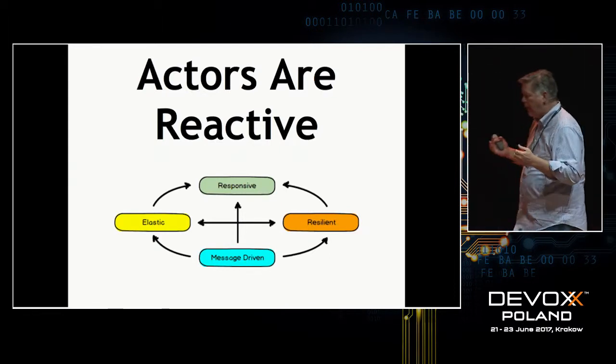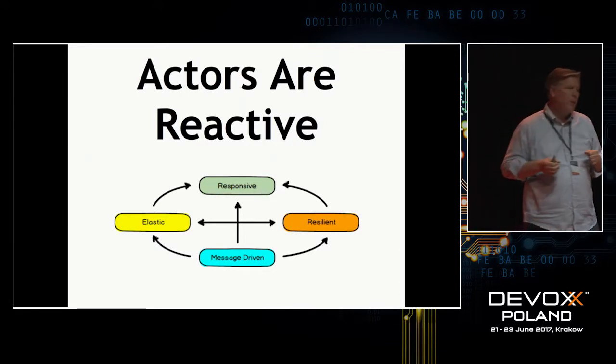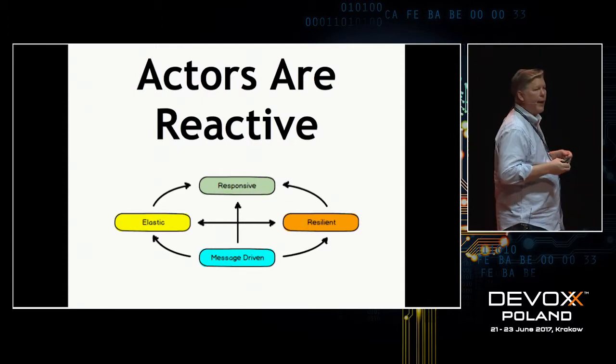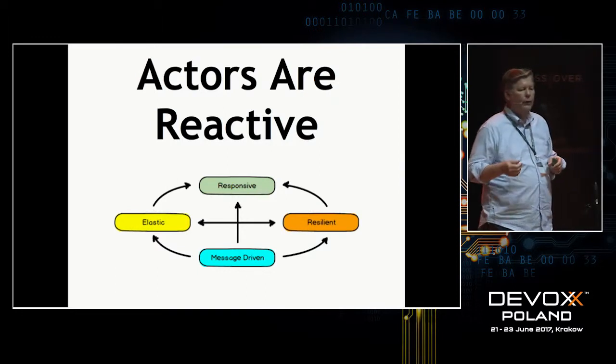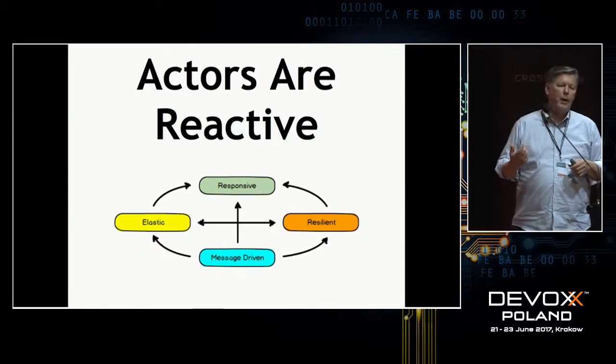So this brings up the idea then of what is reactive software anyway? So reactive software has four basic tenets to it, or characteristics. One of those is that it is resilient, it's elastic. Another is that it's responsive.